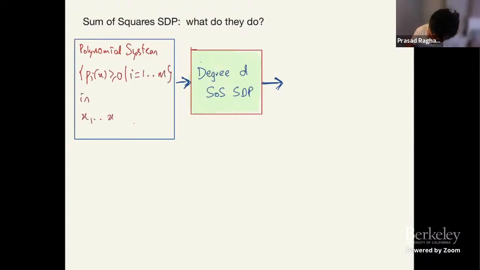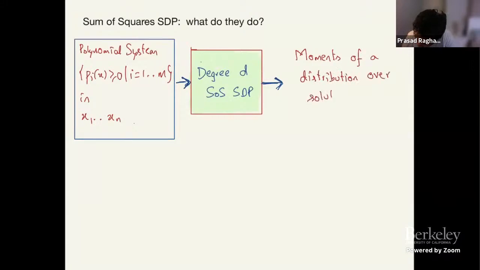There are n variables and m inequalities or equalities in them, and we just give it to the system. And what it outputs is a bunch of numbers. These numbers are supposed to be moments of a distribution over solutions to the system P that we started with.